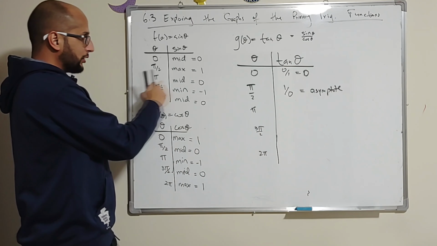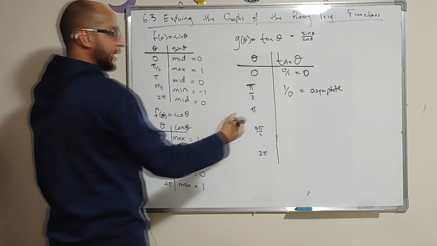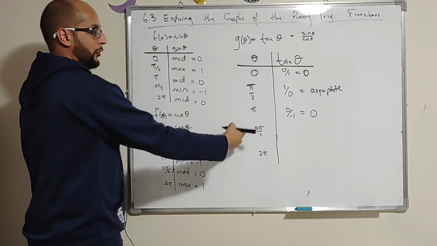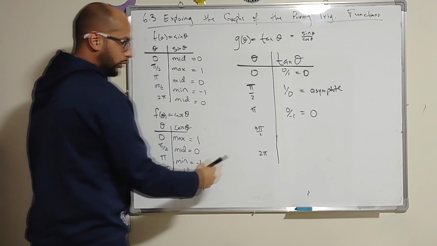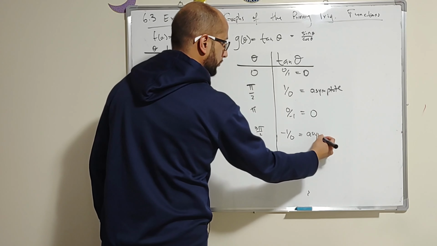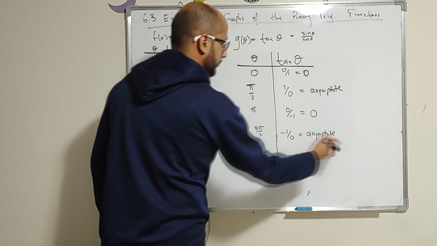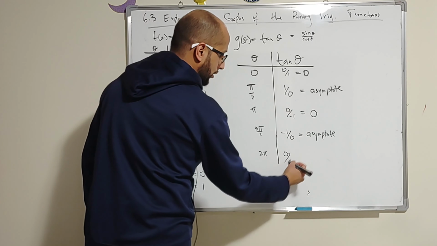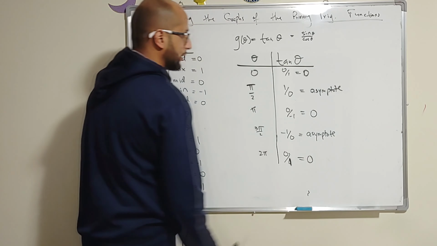For pi, it's 0 over -1, which is also 0. At 3 pi over 2, -1 over 0, which is an asymptote. And at 2 pi, you have 0 over 1, which is equal to 0.